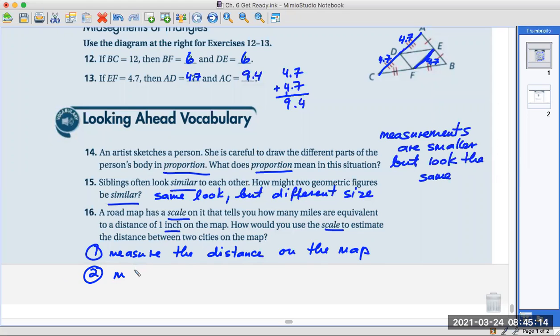Well, I don't know how much the distance would be, but you multiply your answer by the number of miles. So each inch would be a mile. Let's say it's 5 inches, then that would mean it's 5 miles. Each inch equals 1 mile.